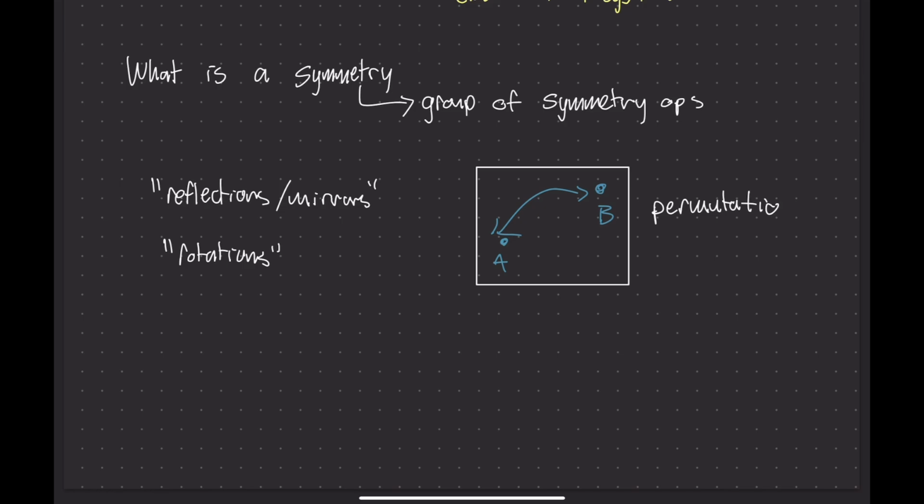And this is a really huge group when you're talking about a physical object. If you have a set of 5 points, you have 5 factorial permutations that you can do. It's the amount of ways that you can arrange it, and doing one swap gets you to a new permutation.